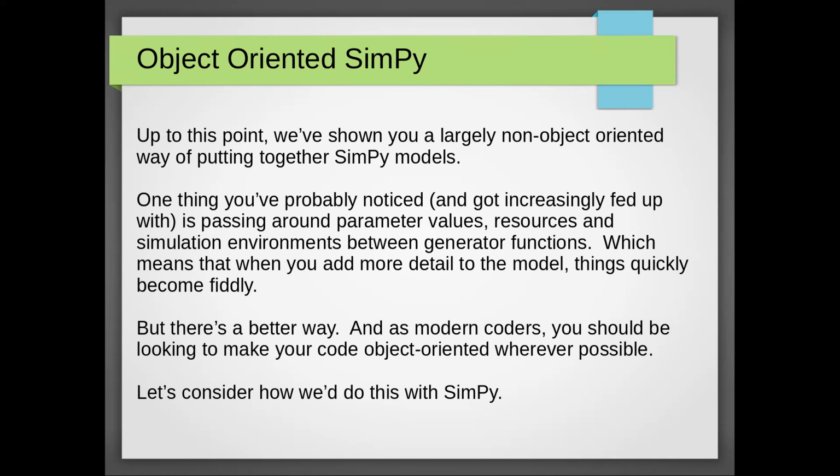I would highly recommend that you adopt this approach. It can seem a bit overkill if you're just doing very simple models. So I'm aware that in the example that I'm going to show you in a moment, which is a very simple system that we looked at last time, you probably look at that and think, well, that's more complex because suddenly I've got loads more code that I have to put in.